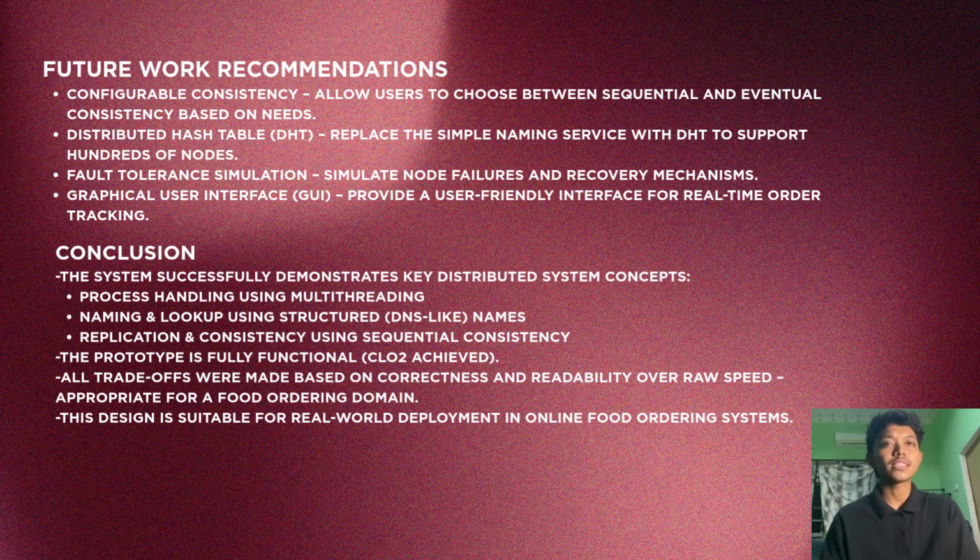The prototype is fully functional, which meets our CLO2 requirement. All trade-offs were made based on correctness and reliability rather than raw speed, which is appropriate for a food ordering domain. We believe this design is suitable for real-world deployment in online food ordering systems. Thank you.